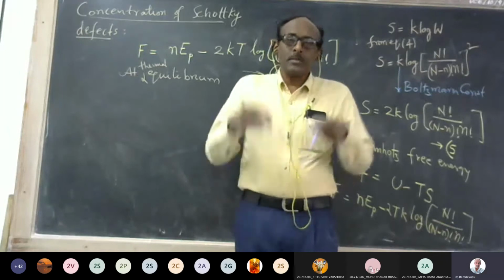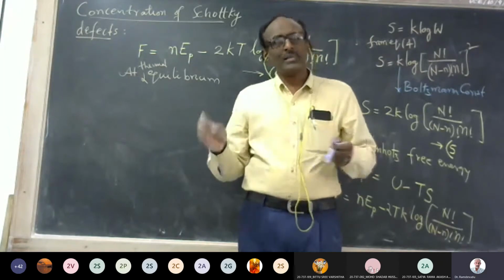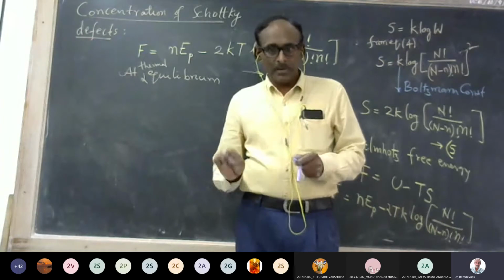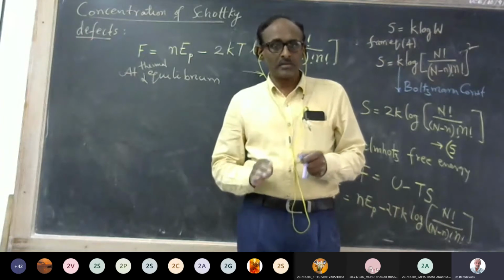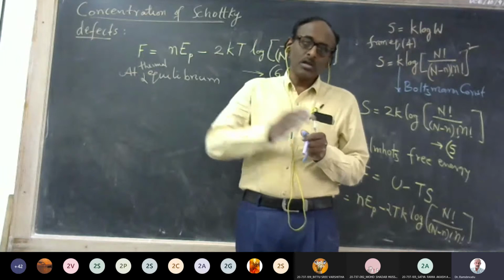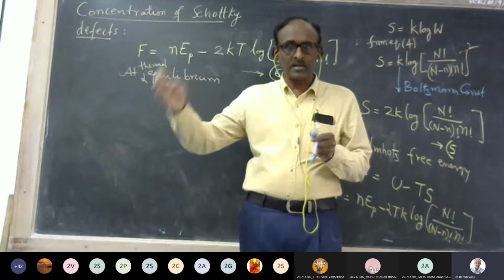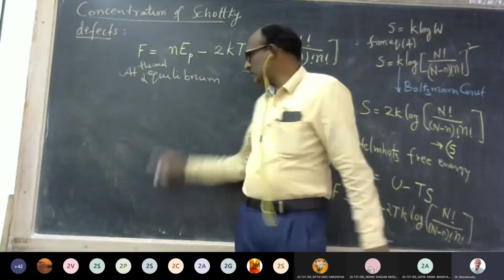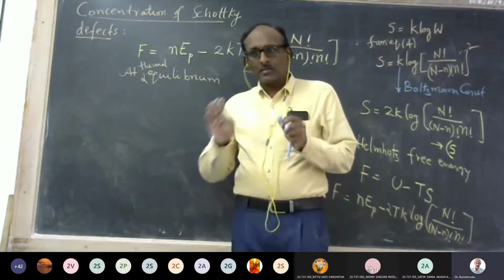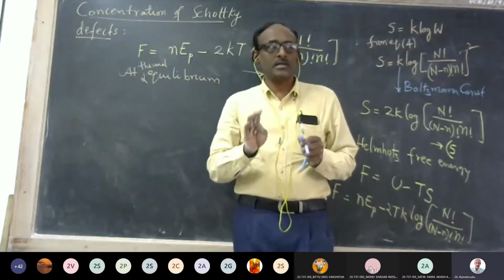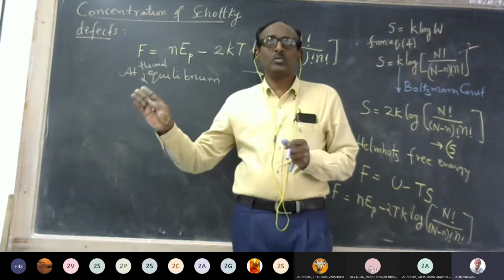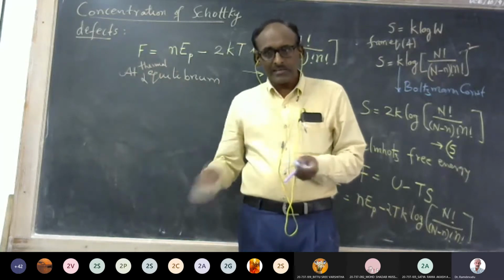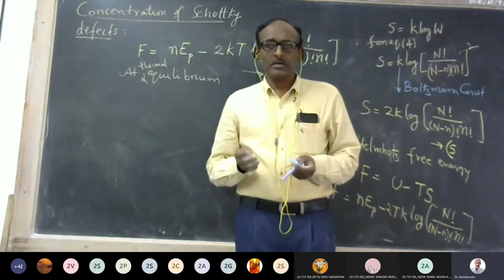Suppose the crystal is already prepared, so we will have some defects in it. But my intention is to calculate, from room temperature to any high temperature, how many defects are there. If I say thermal equilibrium, suppose I take a constant temperature T of maybe 250 or 300 K. At 300 K, how many defects are there?